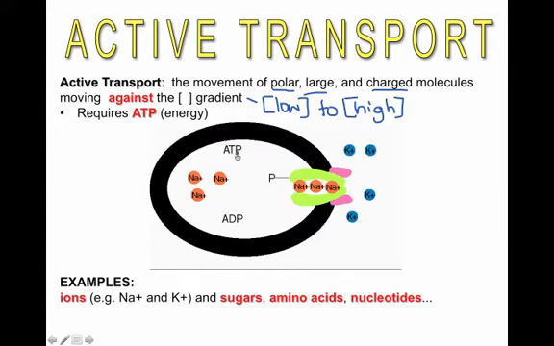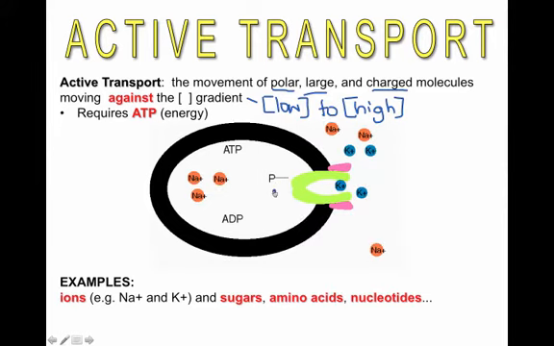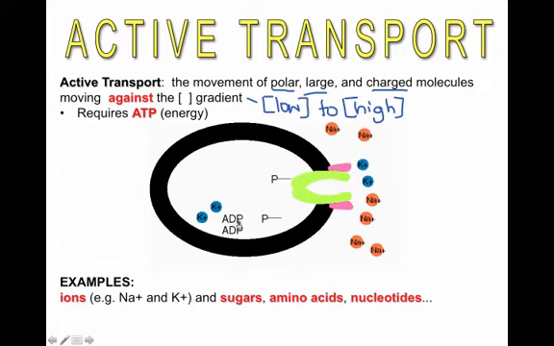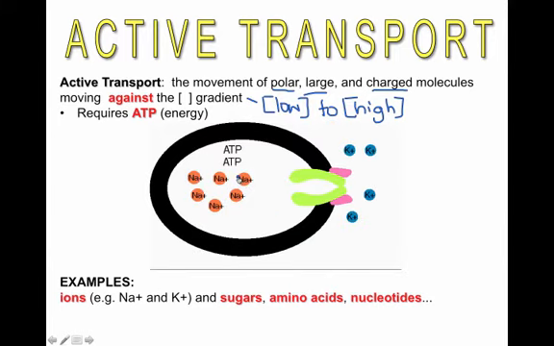Now that sodium, when in the presence of ATP, is going to phosphorylate, and this means that the high energy bond of the last phosphate group is going to be broken, and a whole bunch of energy is released. In that breaking of the bond, we end up with adenosine diphosphate, ADP, in order to get that sodium to move to the outside of the cell.